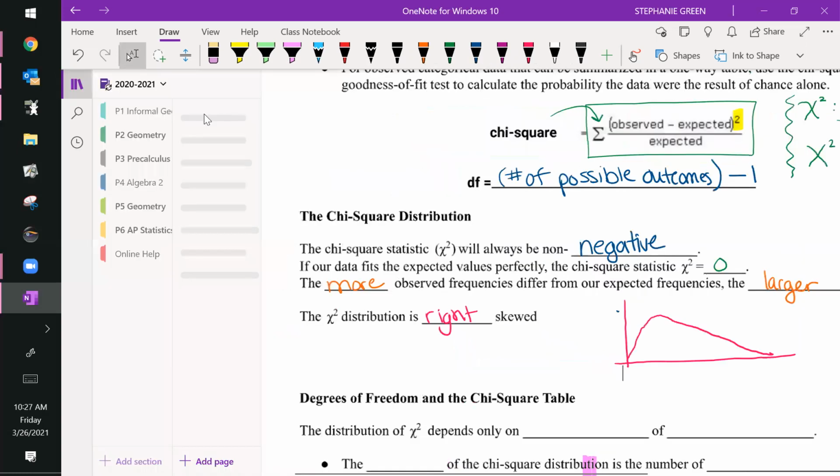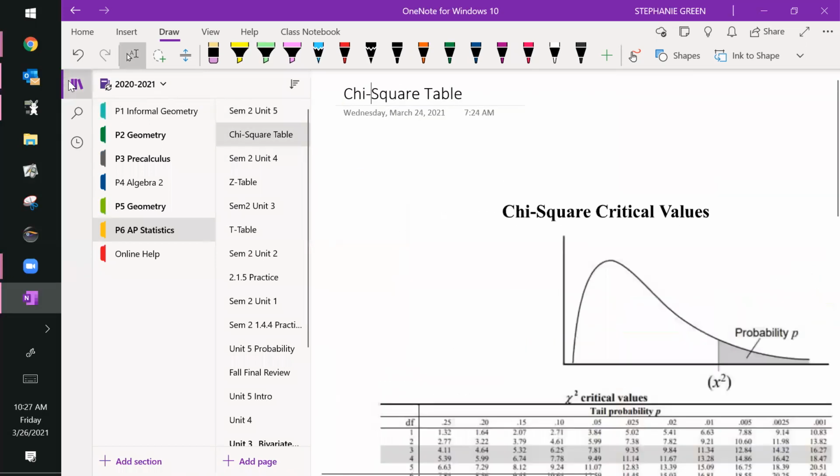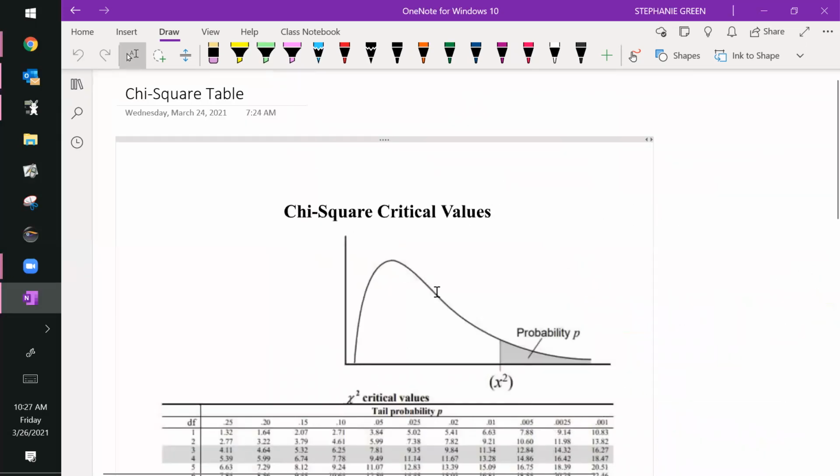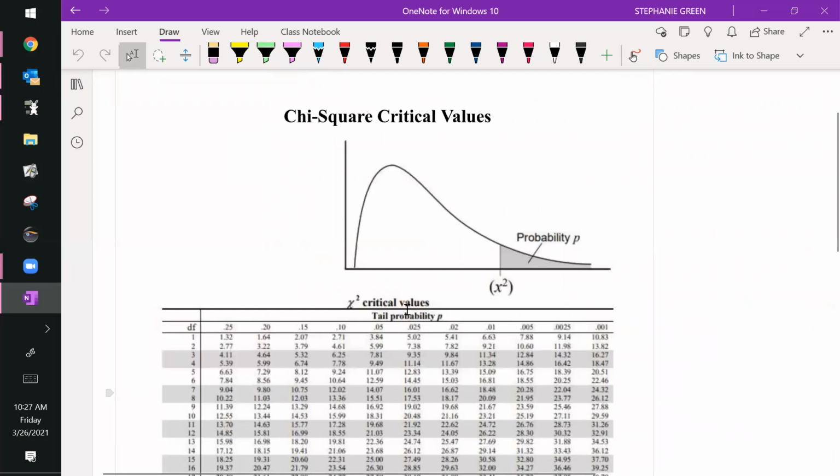So if you open that up, here's my chi-squared table. It looks just like this. You can see again, it is right skewed, all positive. And remember also, if you have lost your formula sheets or your table sheets, I provided an extra copy on Google Classroom under the resource tab. And if you have trouble finding that, let me know.